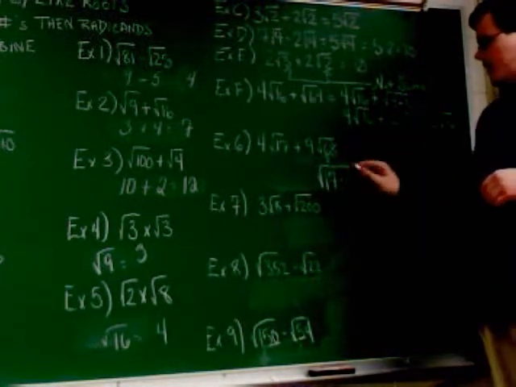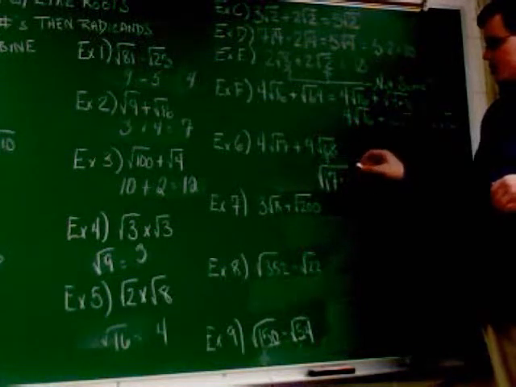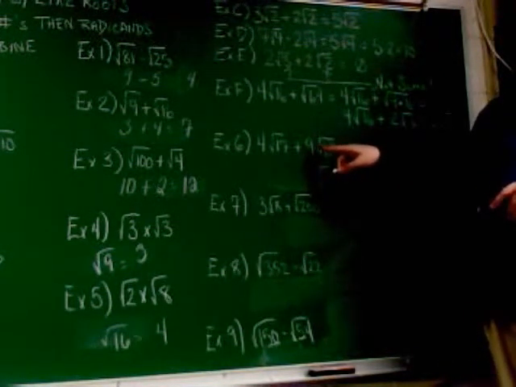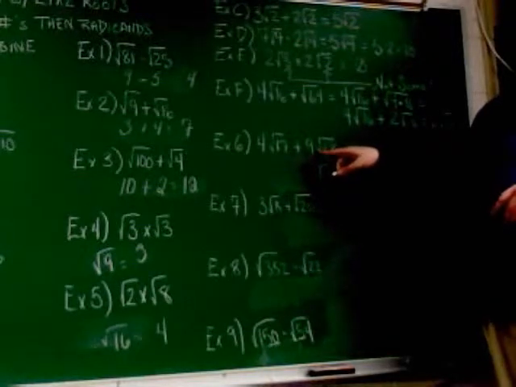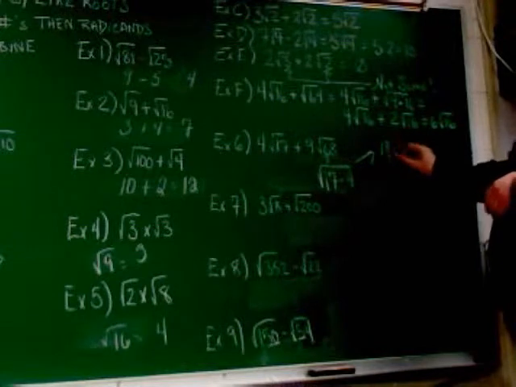Well, if I cover up the 17, I've got the square root of 4. Square root of 4 comes out as a perfect 2. So I'm actually going to bring 2 out of this answer. Now you say, oh, wait a minute, there's a 9 there. You just multiply them together. 9 times 2 is 18. So this is the same as 18 root 17.